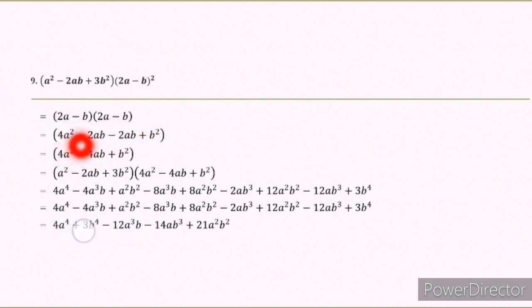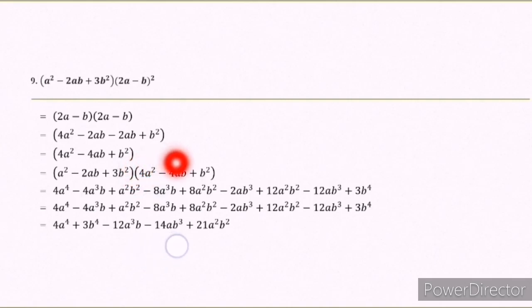For the squared, you need to multiply. 2a times 2a is equal to 4a squared. 2a times b is equal to 2ab. b times 2a is equal to 2ab. b times b is equal to b squared.